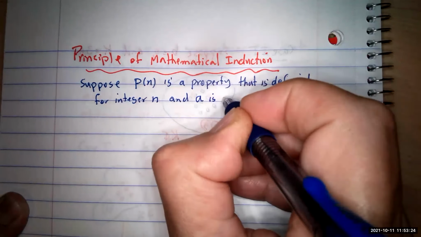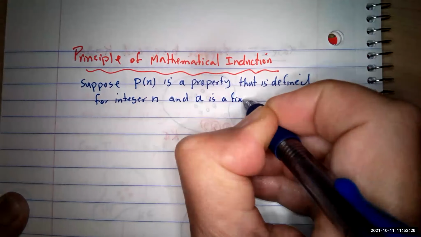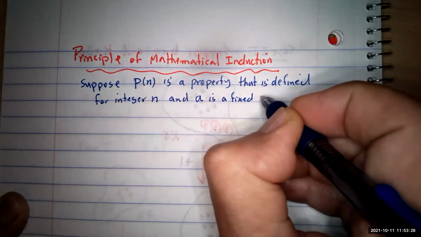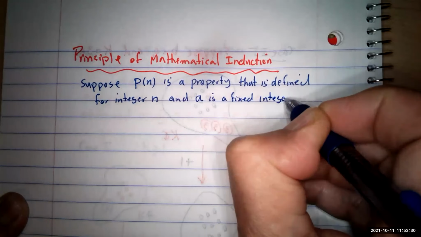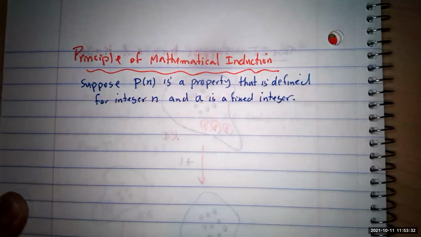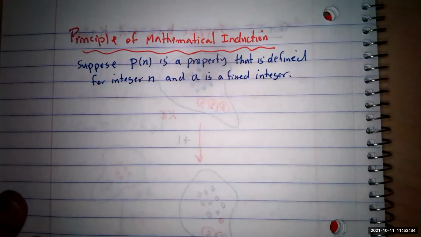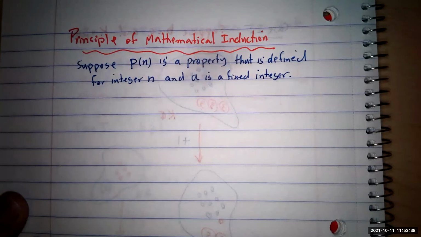That fixed number is a starting point. That should be given: a fixed integer. So Pn, whatever it is, is a property. It depends on n. A is a fixed number.